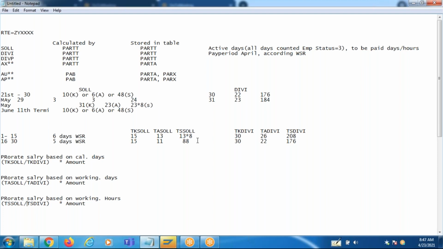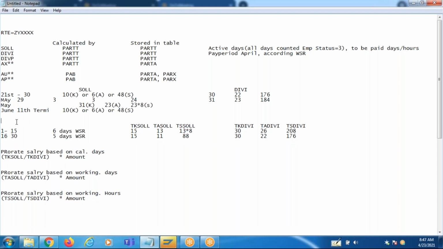The purpose of SOLL and DAVA? Whenever you are counting the divisor, do not look at the employee hire date or termination dates. Only look at the employee's pay period in the control record.